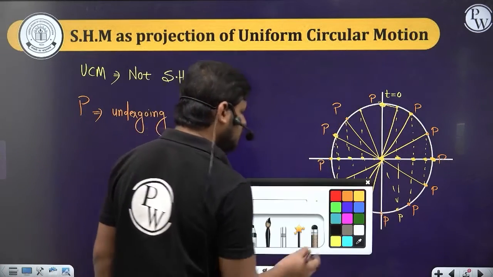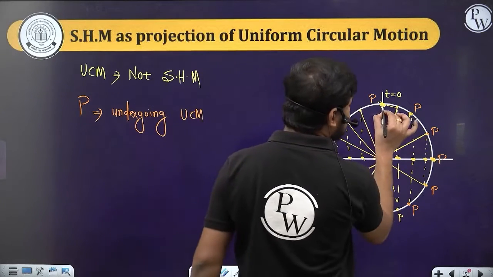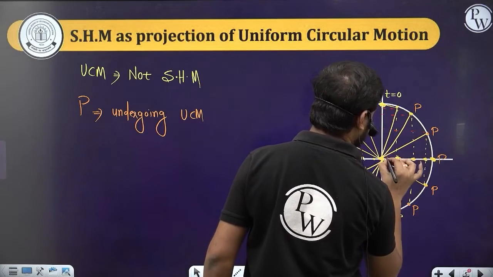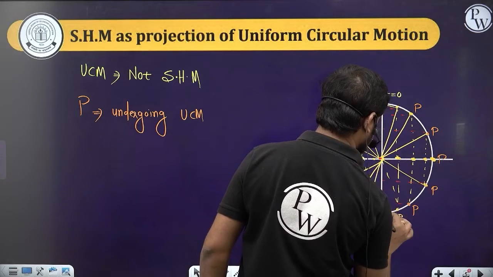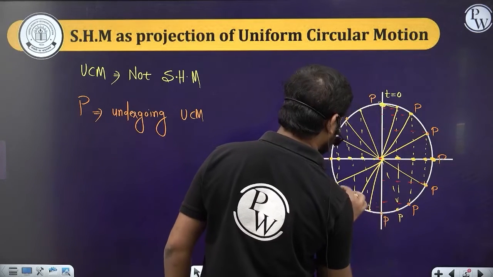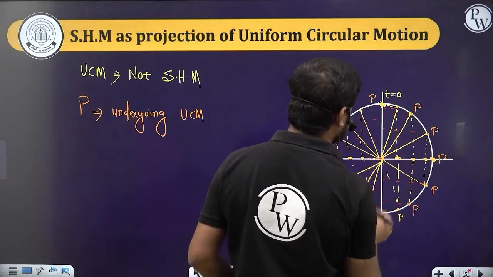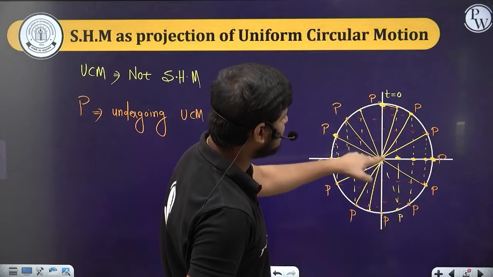If you want to take the vertical diameter, you can take the vertical diameter also. See, the particle is first moving to the mean, then extreme, then mean, then extreme.